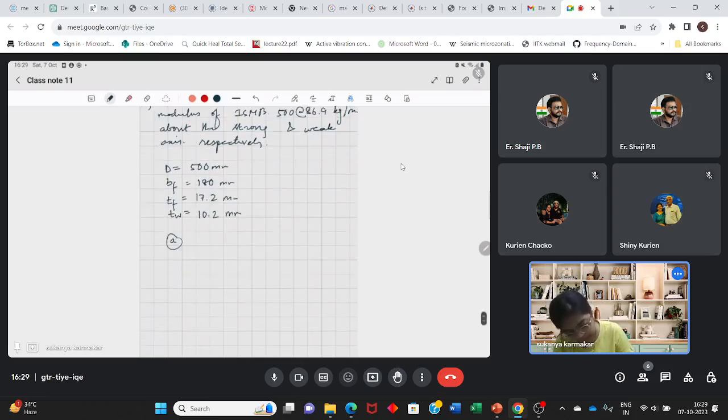And you have these options: 2047.290, 959.1694, everything is in centimeter cube.